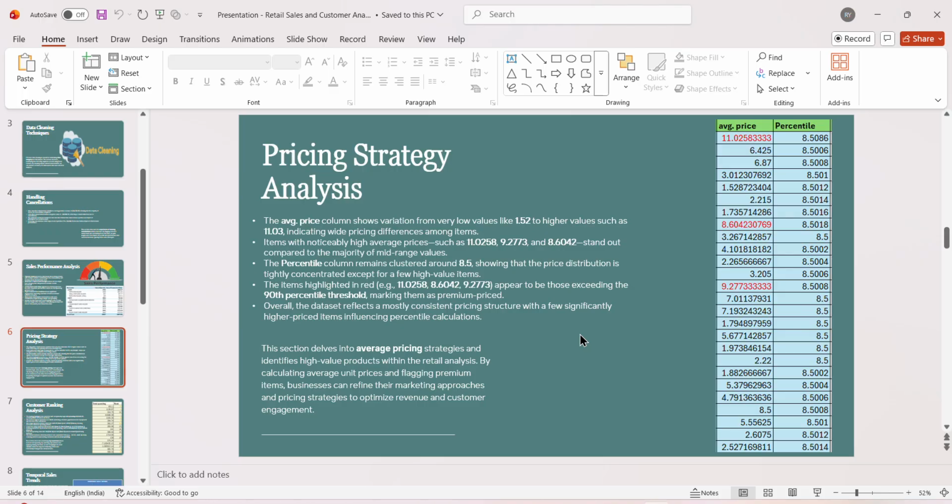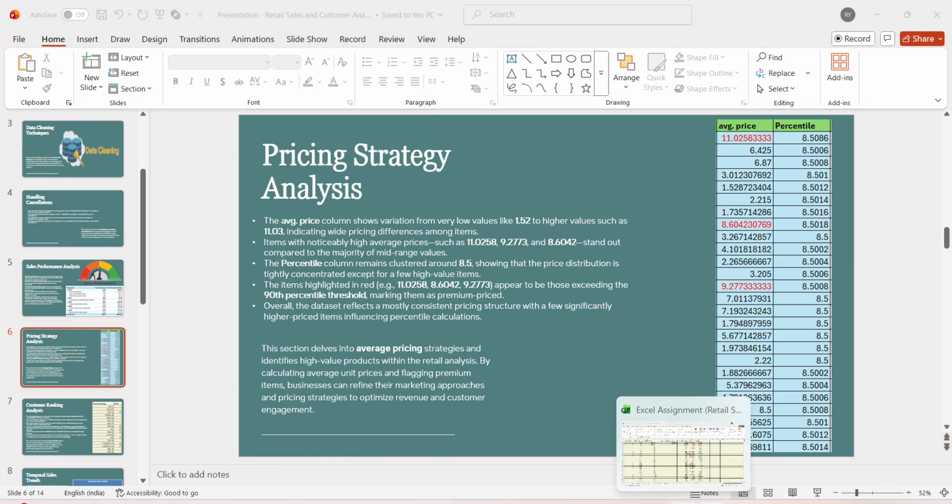So the overall data set reflects a mostly consistent pricing structure, with a few significantly higher priced items influencing the percentile calculation. This section delves into average pricing strategies and identifies high value products by calculating average unit price and marking premium items in red.